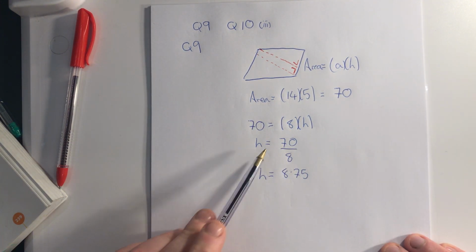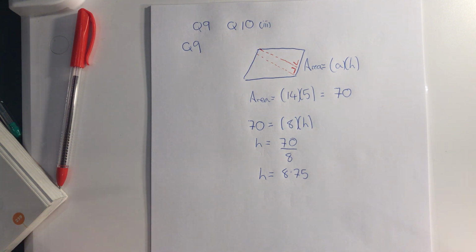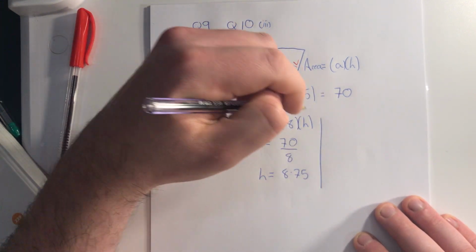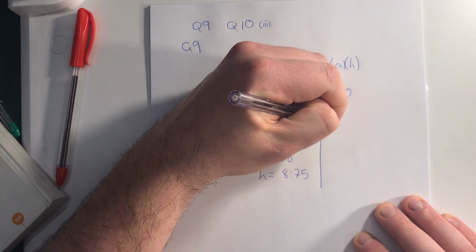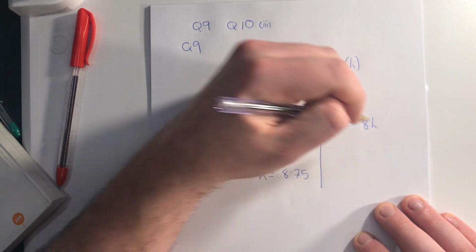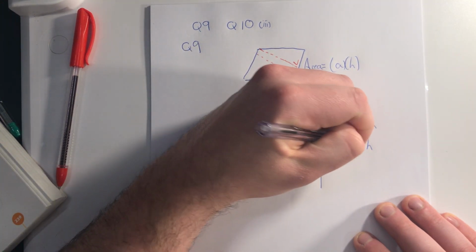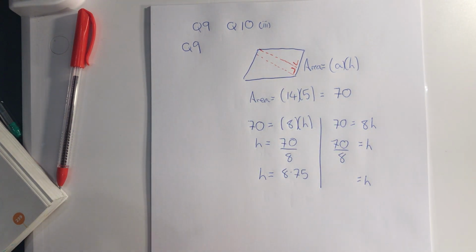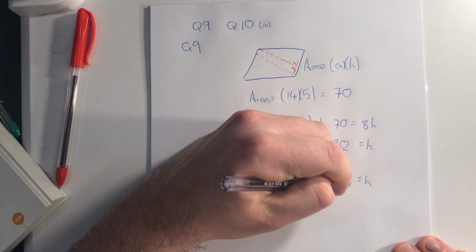I never do this in class, but I've changed sides here. Sorry about this. We would normally go 70 is equal to 8h, and then h by itself is equal to 70 over 8. H is equal to 8.75.